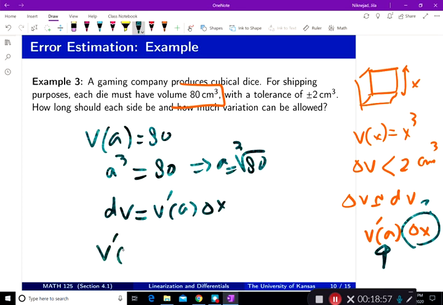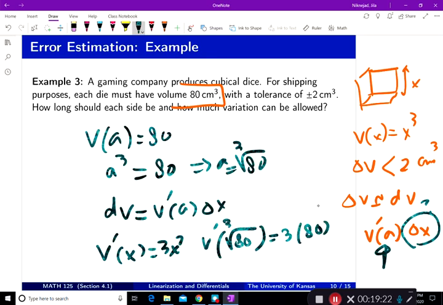V prime at X is equal to 3x squared, and then I'll plug in A, and so V prime at the third root of 80 is going to give me 3 times this to power 2, which is going to be 80 to power 2/3, right?